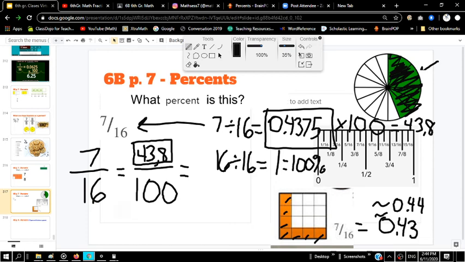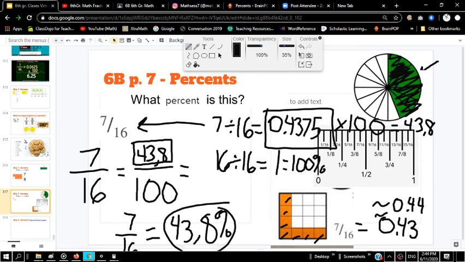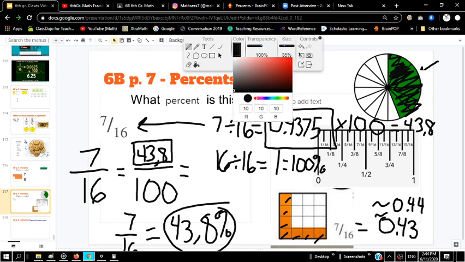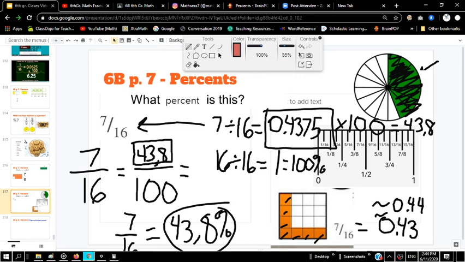My final answer, 7/16 as a percent equals 43.8%, okay? You'll notice I did this problem just a little bit different to try to find that percentage, okay? Again, if you really, really wanted to, you could do the same way that we did before, 7 times 100, and then divide by 16 to get the same number.